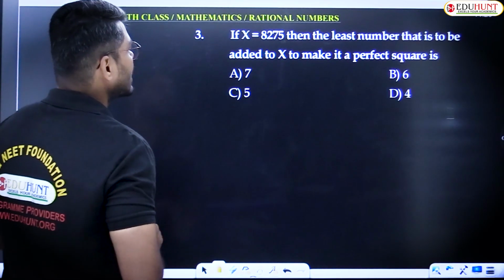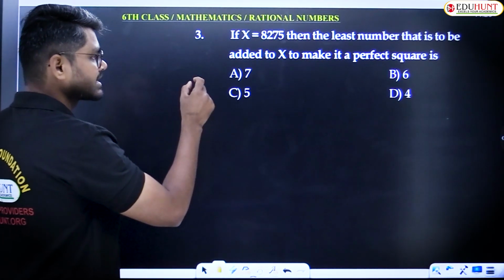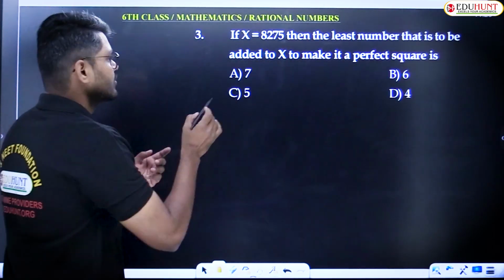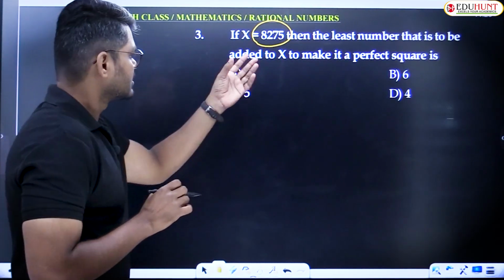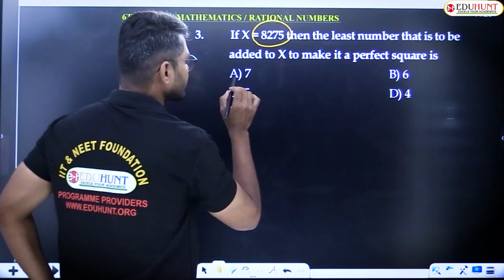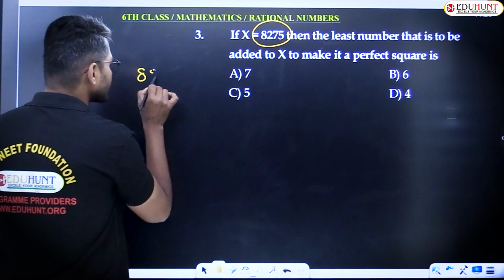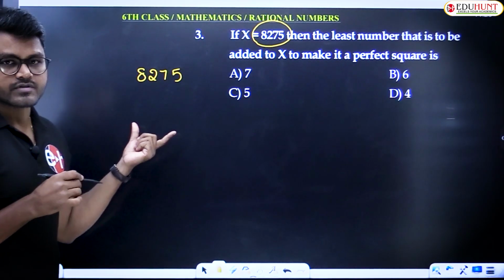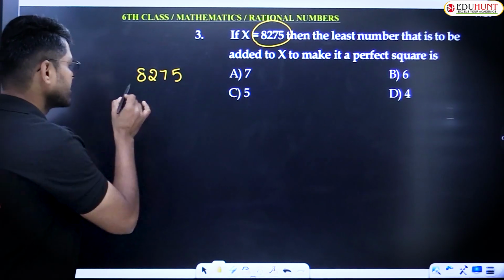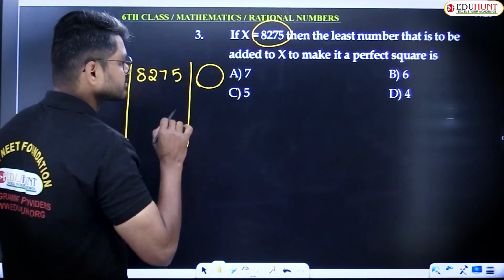x is equal to 8275. Then the least number that is to be added to x to make it a perfect square. First we have to check this number, 8275. Use the long division method. By using the long division method, we get a coefficient over here.